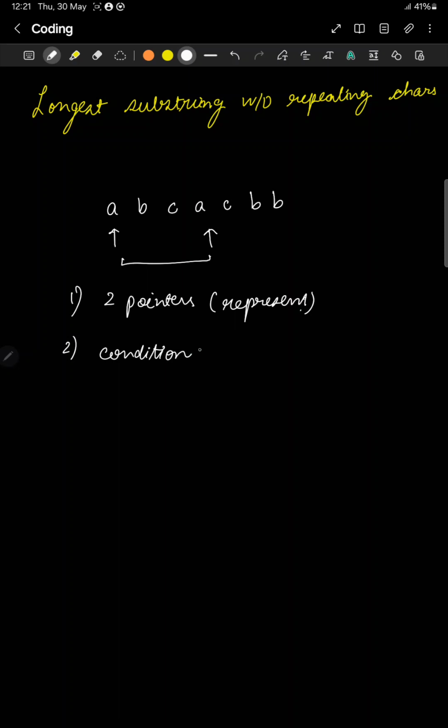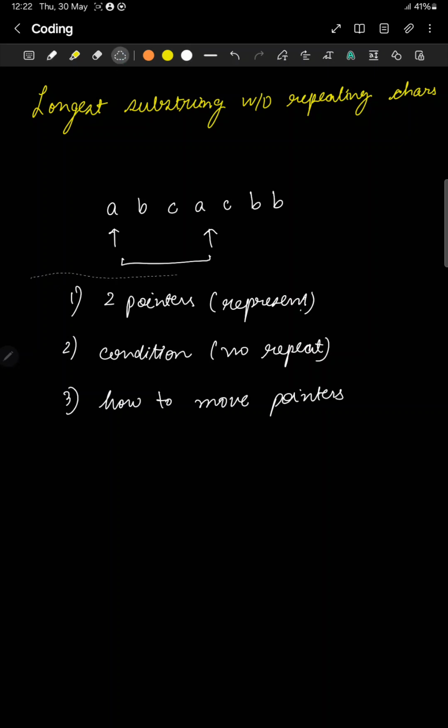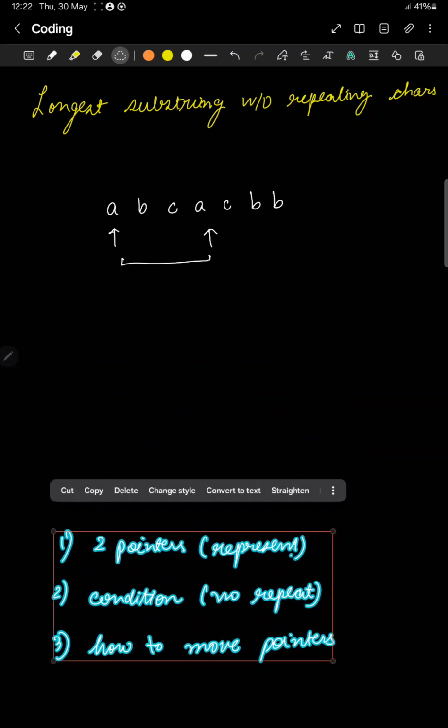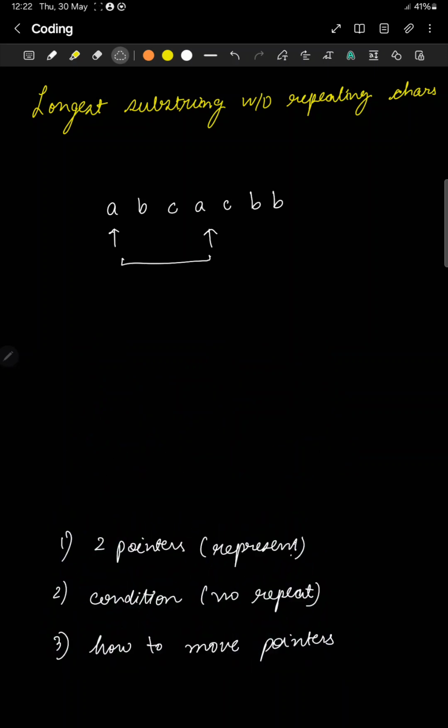We need to ensure that there are no repeating characters. And third is how to move pointers, right? So we need to ensure these things are done well, and if we do these things we can figure out the answer, right?